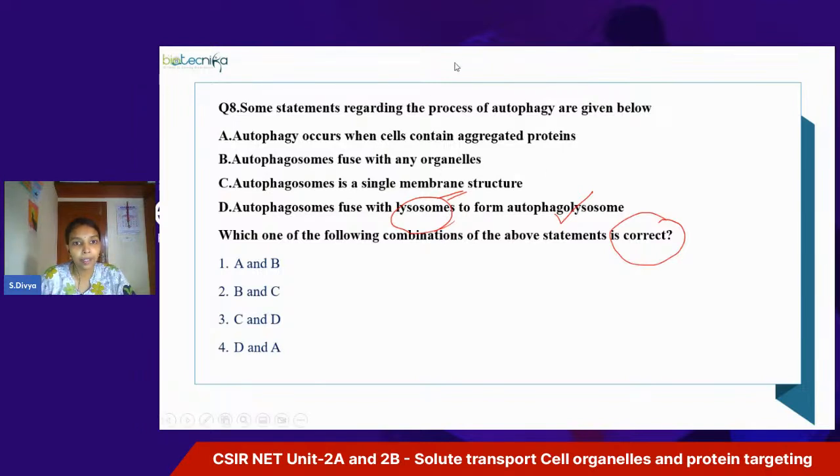Are you able to remember the autophagy events, the sequence in which different structures are created over here? Okay, you can see Ashu and Rahul have given the answer, and Sharma, Kirtana, Sunshine.